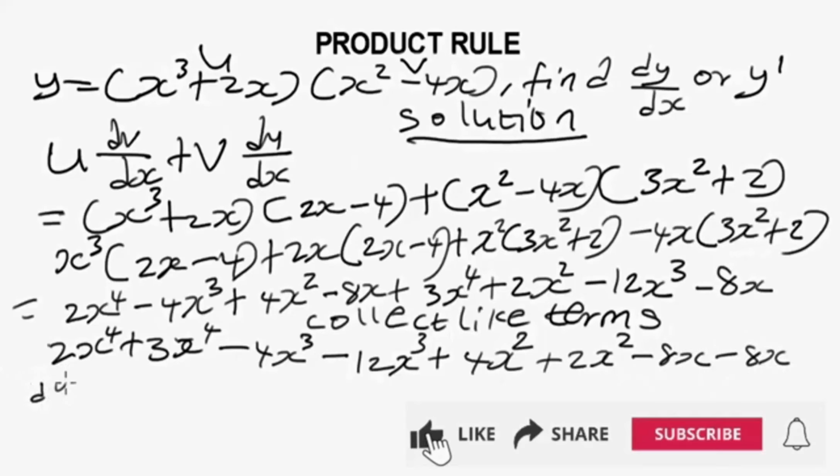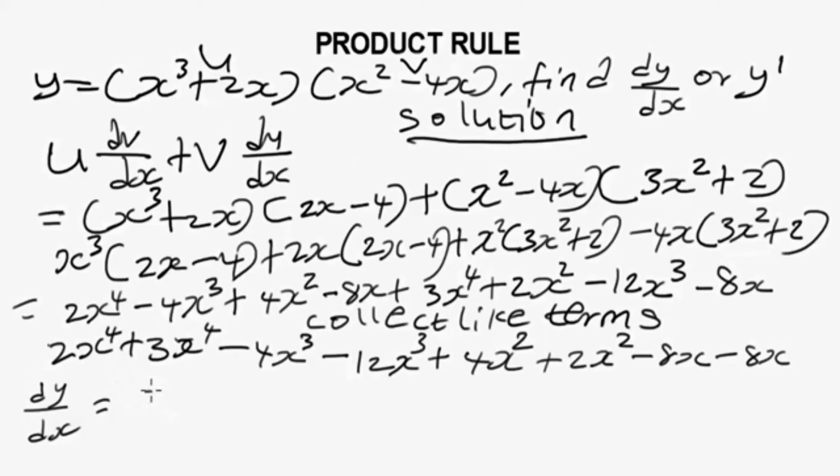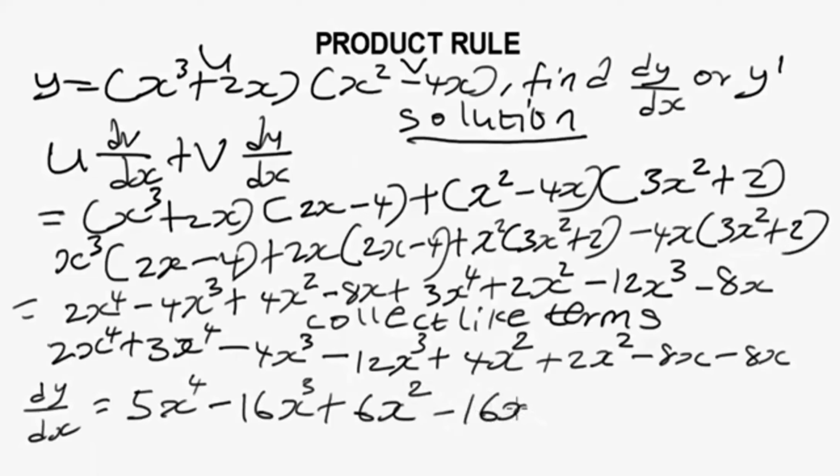So our final answer, dy over dx, will be 2x^4 + 3x^4, so we have 5x^4, minus 4x^3 minus 12x^3, we're going to have minus 16x^3, plus 4x^2 plus 2x^2, we're going to have 6x^2, minus 8x minus 8x, we're going to have minus 16x.